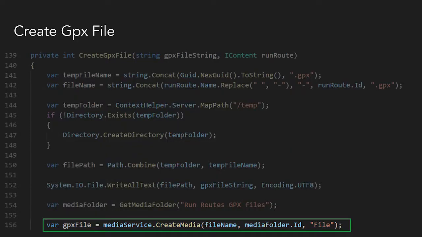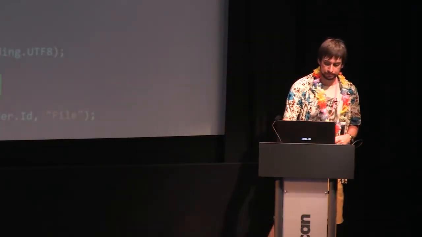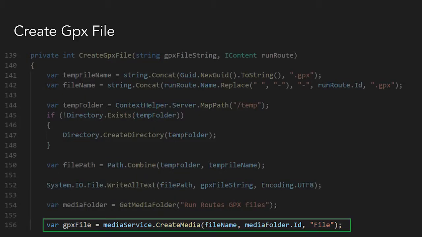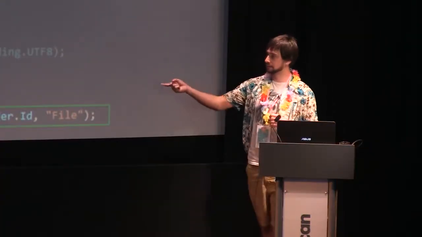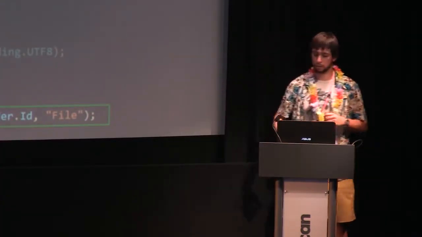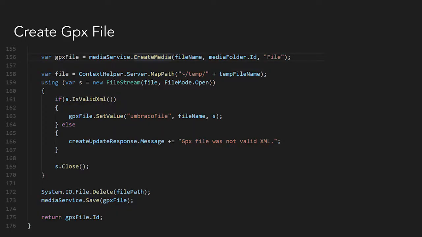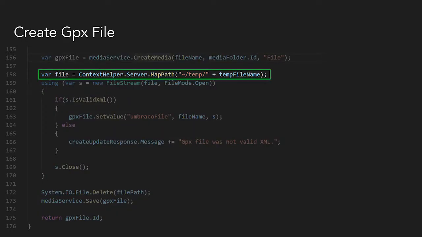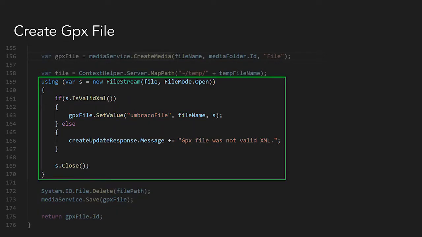So moving on, this GetMediaFolder will either create or get a new folder in the media library in Umbraco. We now are going to use the media service to create our new bit of actual Umbraco media. We're going to give it the name, the ID of that folder we just created or got, set as a file, and then we're going to use the temporary file and the system file stream to validate the XML.